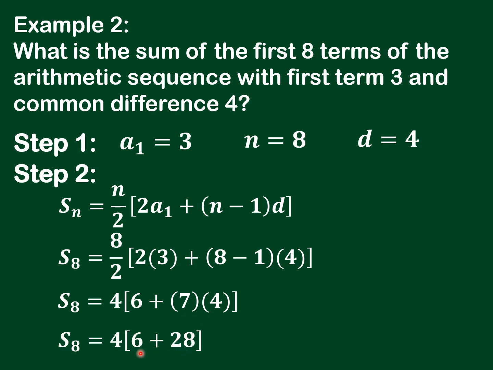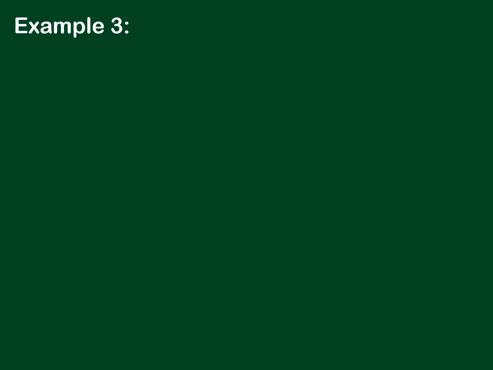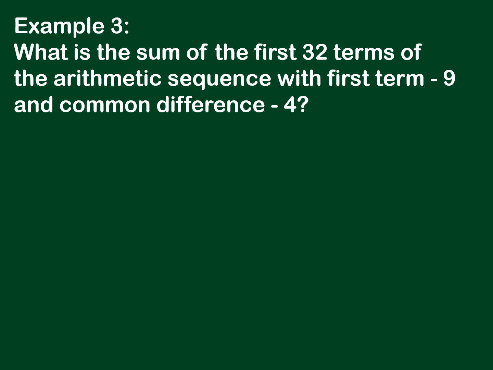So 6 plus 28 is equal to 34, and 34 times 4 is equal to 136. So the sum of the first 8 terms of the arithmetic sequence with first term 3 and common difference 4 is 136.